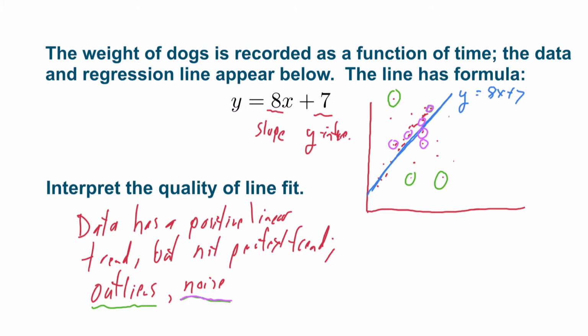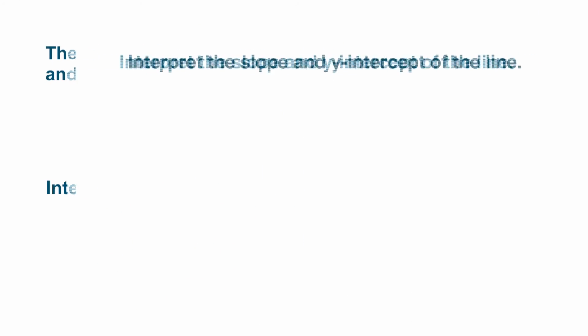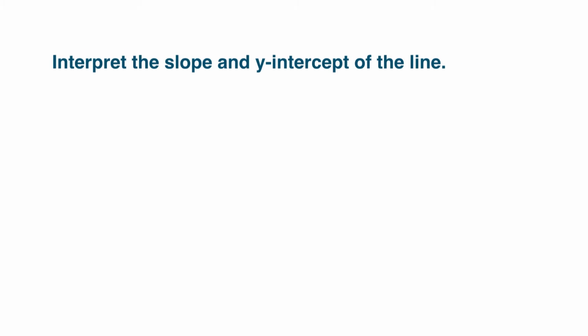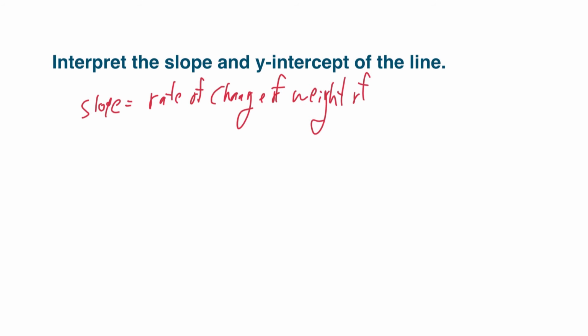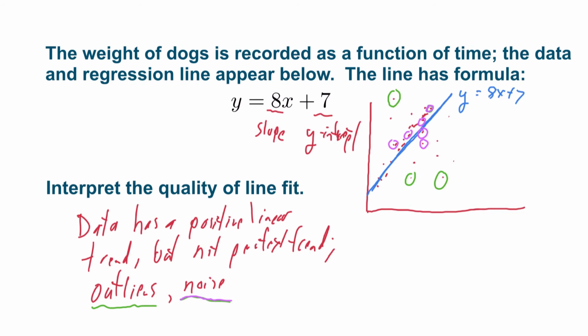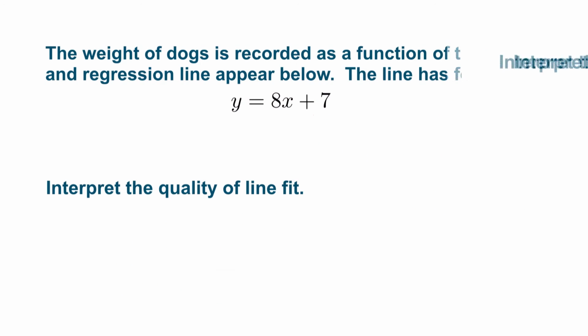For this, it's helpful to go back to the definition of the data. We are recording the weight of dogs as a function of time. So the slope is the rate of change of weight of dogs per, let's look at the units here, per unit time.